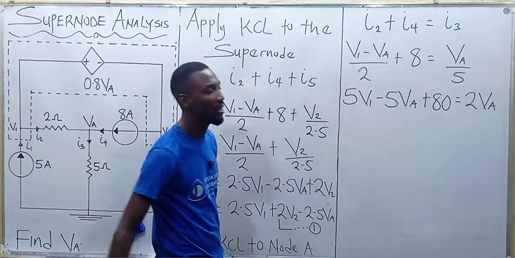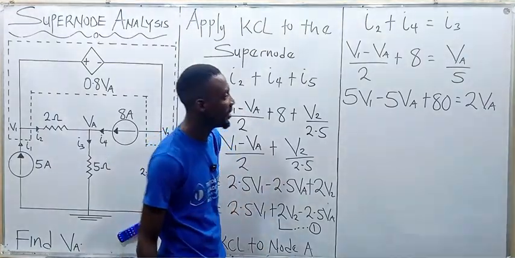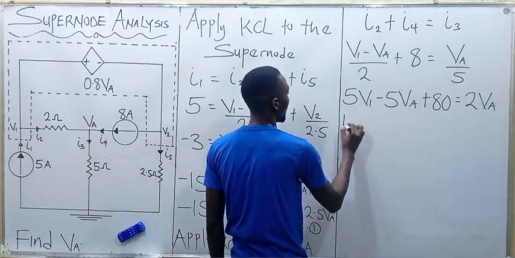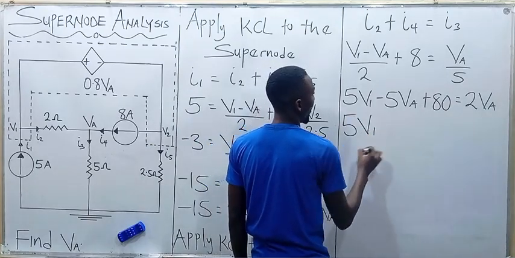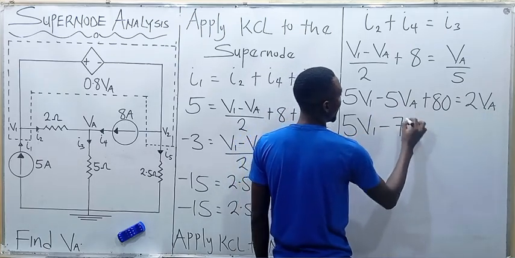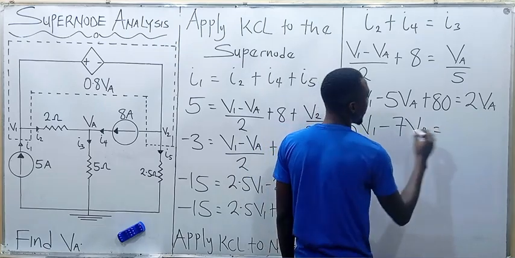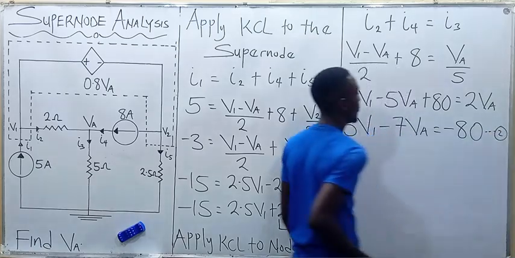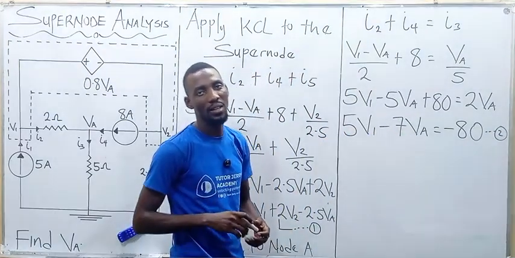So if we rearrange, let's move 80 to that side and bring this here. I'm going to have 5V1. Then if we bring this here, it's going to become minus 7VA equals to what? Minus 80. This is equation number 2. I hope you understand this.